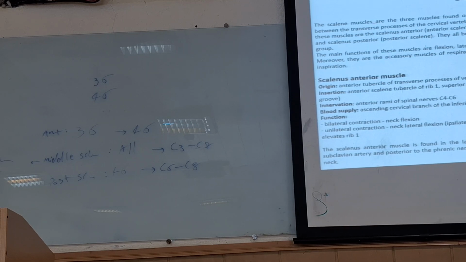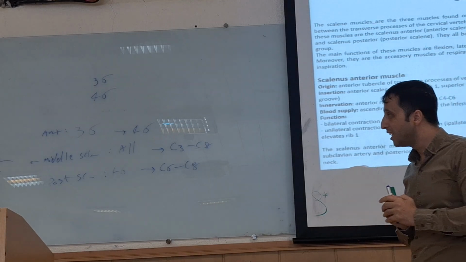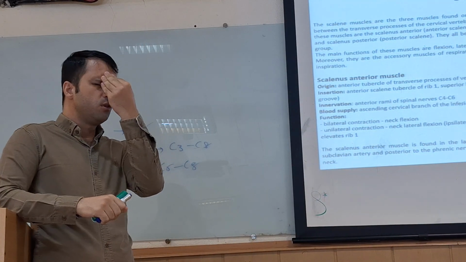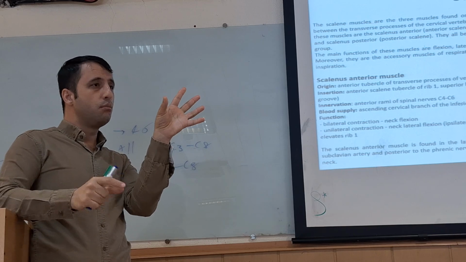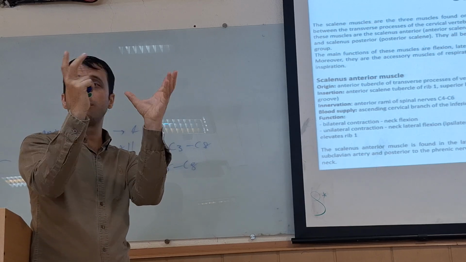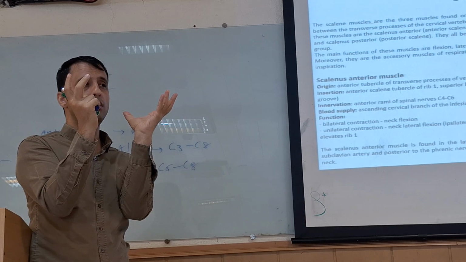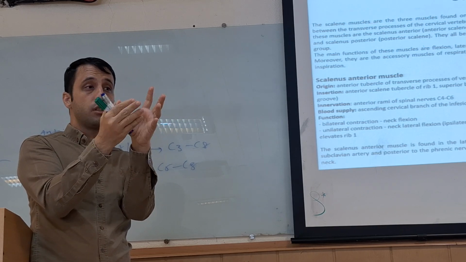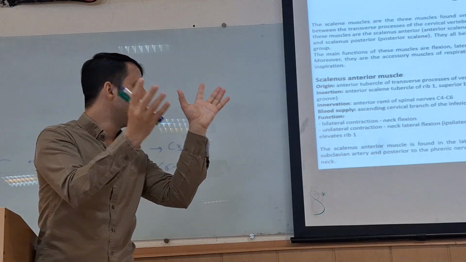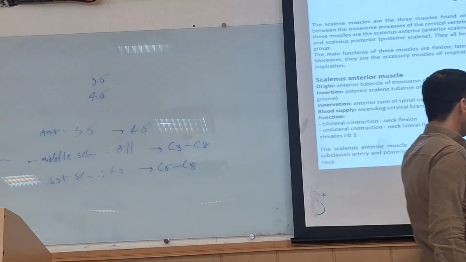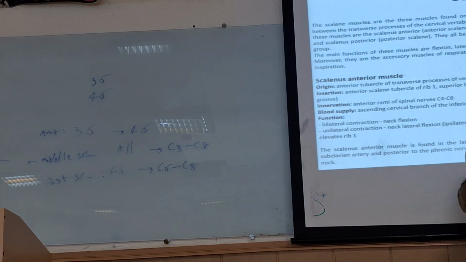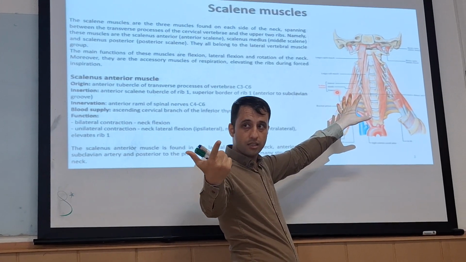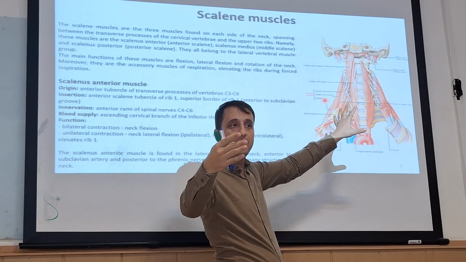Another point at this area. Anterior scalenus muscle. You know that these muscles are covered by a fascia. Which fascia? Perivertebral fascia. Yes? Perivertebral fascia covers all this area. Look at here. I still remember perivertebral fascia is part of the deep layer of deep fascia.